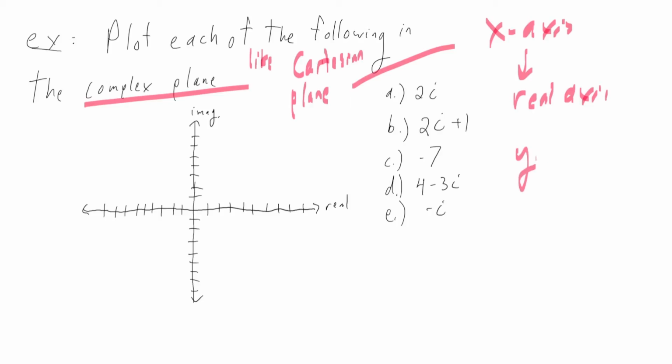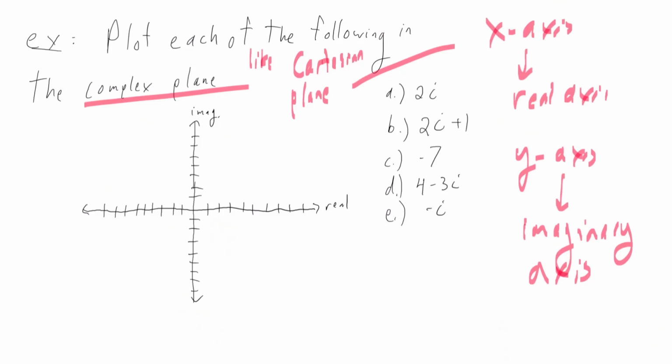And instead of having a y-axis, I have what's called an imaginary axis. So I can plot complex numbers by imagining that their real part is an x value and their imaginary part is a y value. This gives a nice visualization for these numbers.